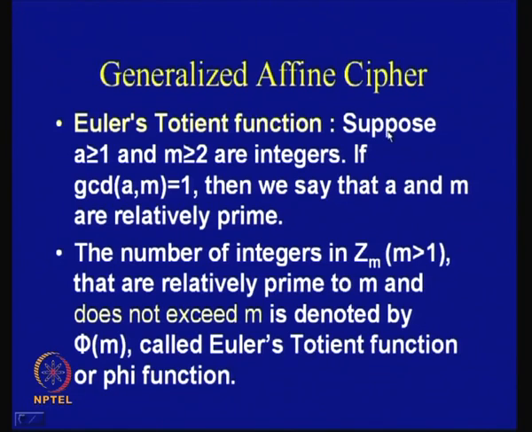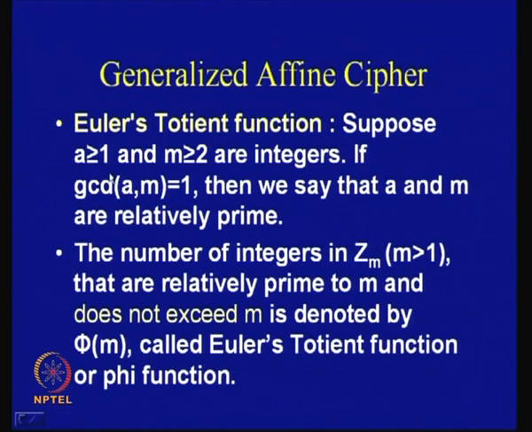and this is a recapitulation which says that suppose a is greater than or equal to 1 and m is greater than or equal to 2 are integers, and if the GCD of a comma m is equal to 1, then we say that a and m are relatively prime.